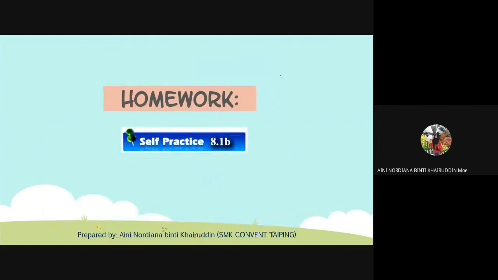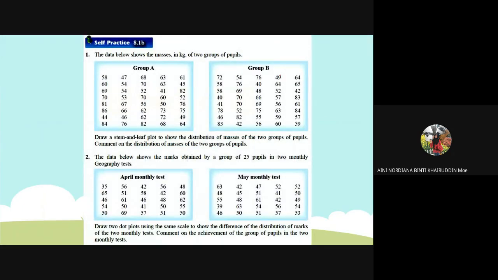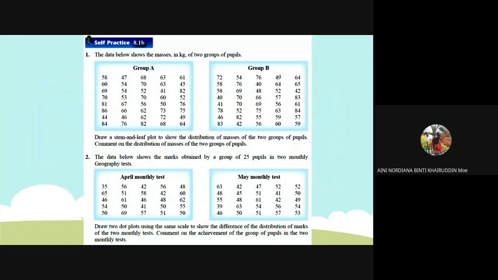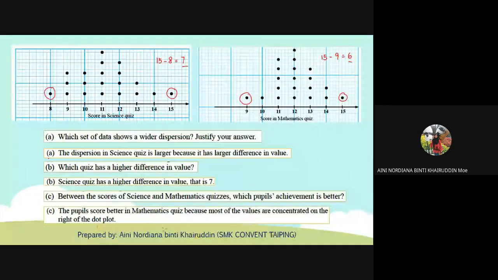Okay, that's all. So this is your homework. Self-practice 8.1b. Okay, kalau tengok soalan ada 1, 2, 3 soalan. Soalan pertama tu dia nak you draw a stem and leaf plot. Soalan kedua draw dot plot, lepas tu comment on the achievement of the group of pupils in 2 monthly tests. So nak komen tu boleh komen macam ni. Yang jawapan C ni, the pupils score better in mathematics.